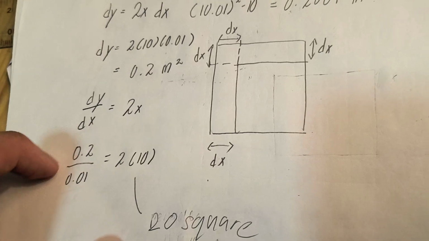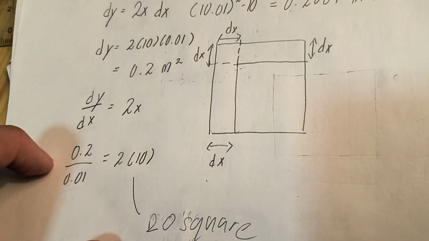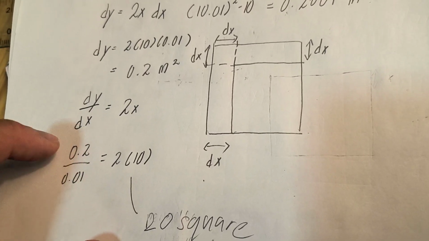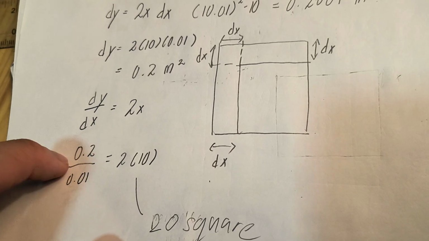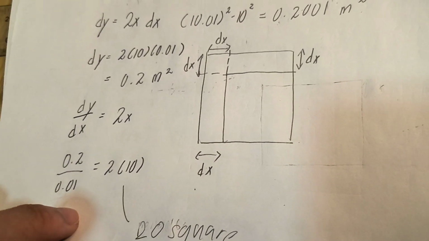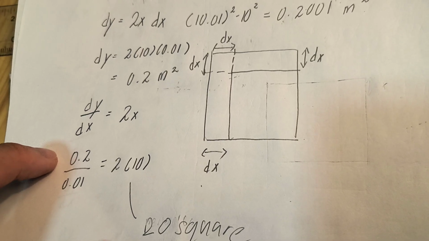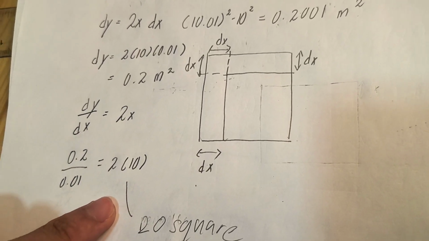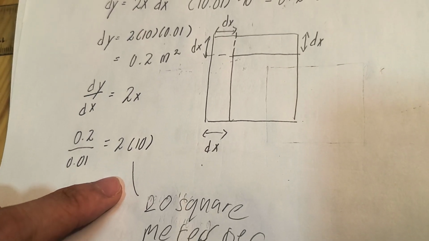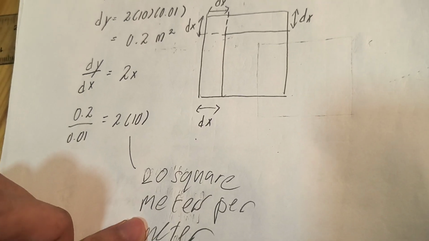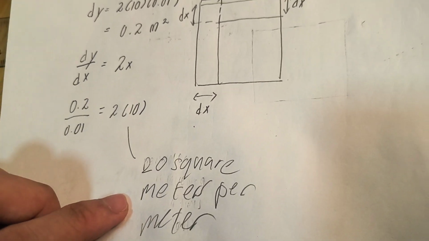And what the dy/dx actually represents, it can be treated like a fraction. It basically just means that for that small change in x, you're going to receive a small change in y. And proportionally, how many times is that small change in x going to affect that small change in y? So in this case, we get 20 square meters per meter.